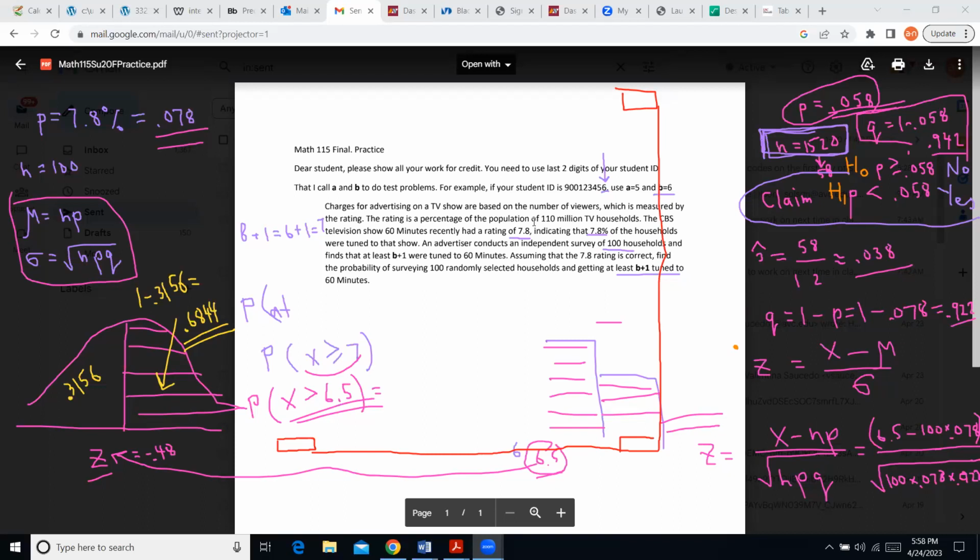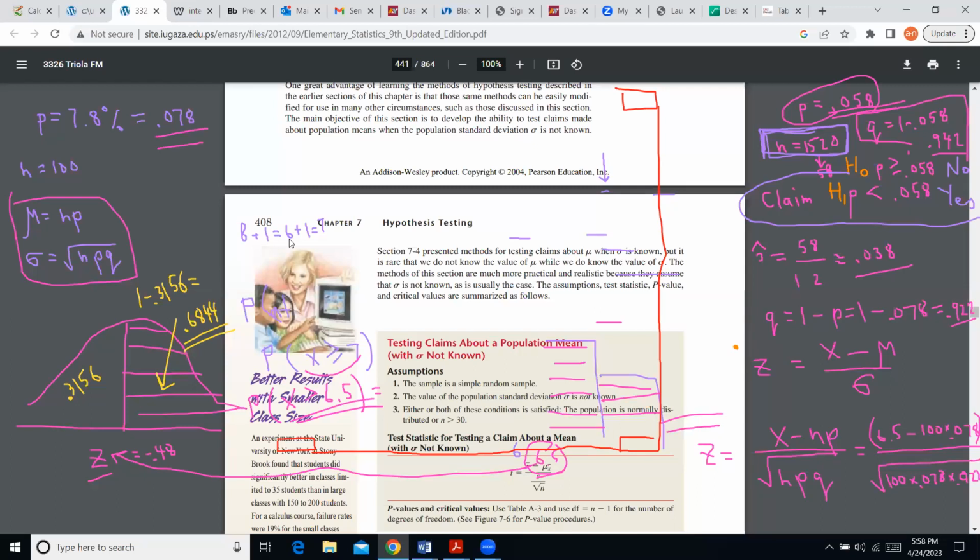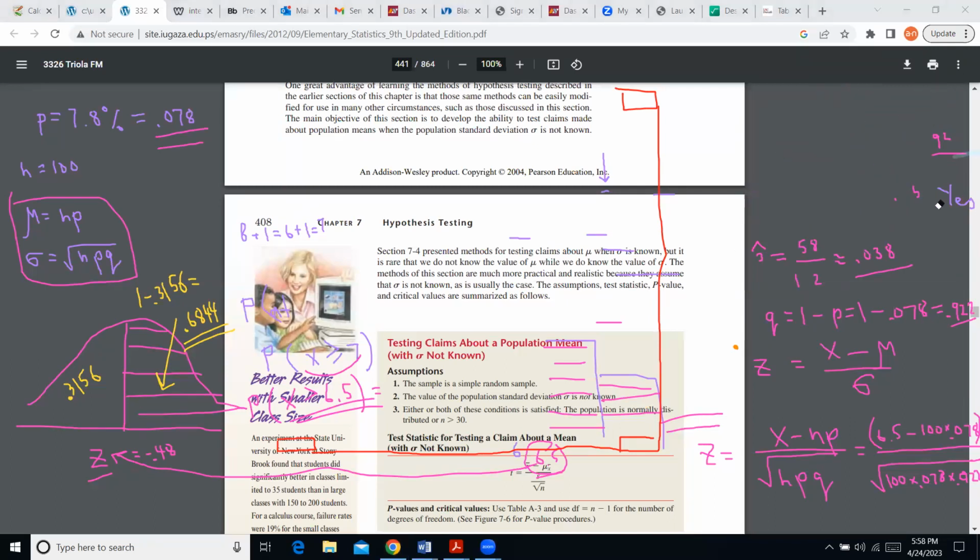So one exercise will come from the chapter with approximation. Let me show you those sections. And the other exercise will come from the chapter with hypothesis testing. So it looks like what you're going to need to do is take a look at, I believe, chapter 5 and chapter 7.